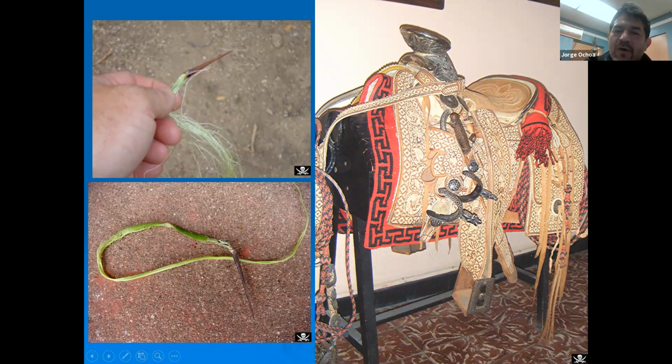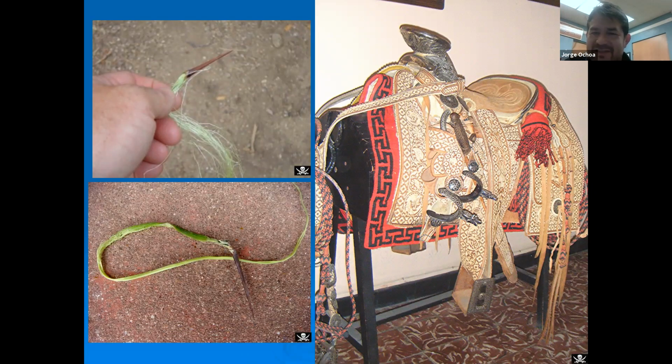One of the more popular things that you may see out there is a product known as pita, which is the fiber made from agave, and it's being used in very expensive decorations. So here is a saddle with pita. In the old days, pita was a product of the peasants, the unwealthy individuals that lived in the countryside, so they would make their own pita.